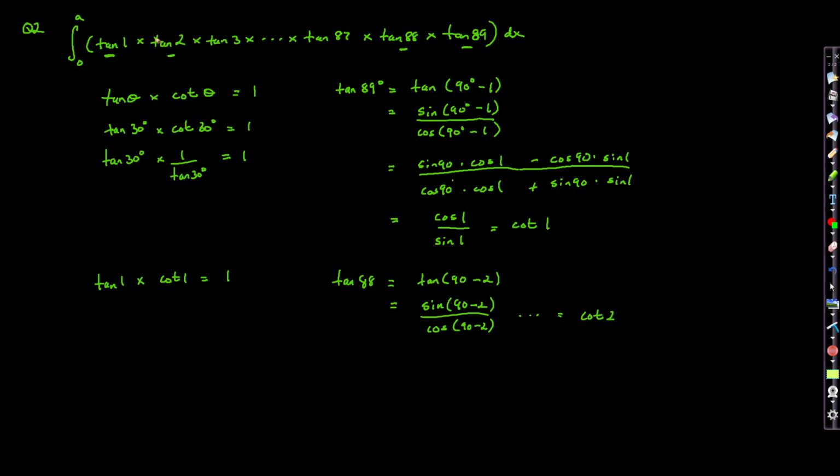So if you group or match up tan of 2 times the tan of 88, you end up with the tan of 2 times the cotan of 2, which will equal 1. Now if you keep doing that and you consider what happens in the middle, what you end up with in the middle is actually the tan of 45 degrees.